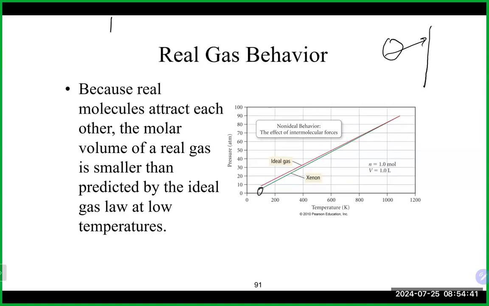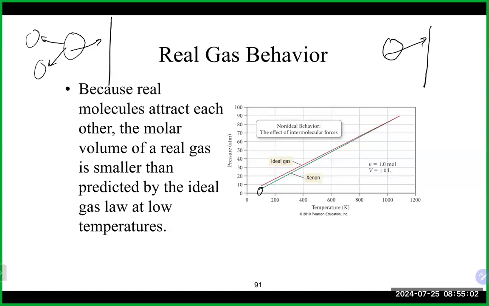But if you have a real gas situation where maybe you've got some attraction now between this gas molecule and other gas molecules in there, it's probably going to slow it down, for example, if it's attractive forces, and it's going to take longer or may not hit the wall with the same force as it would if there was no attraction happening.